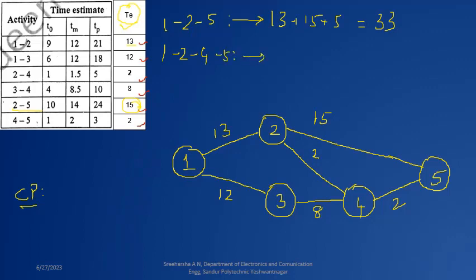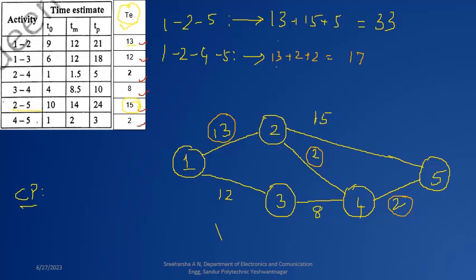If I take this path, 1 to 2 is 13, 2 to 4 is 2, and 4 to 5 is 2. So 13 plus 2 plus 2, it will be 13 plus 4, which is 17.